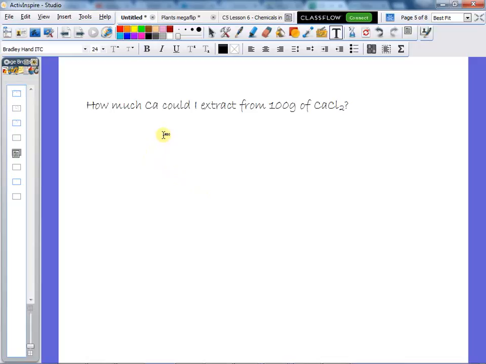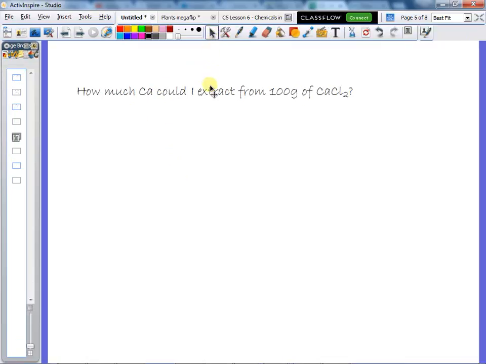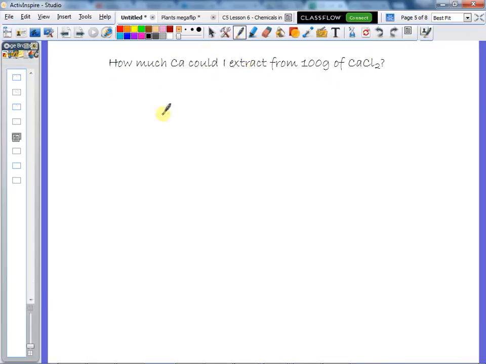First of all, we need to know the molecular mass of calcium chloride, which has an RMM of 111.